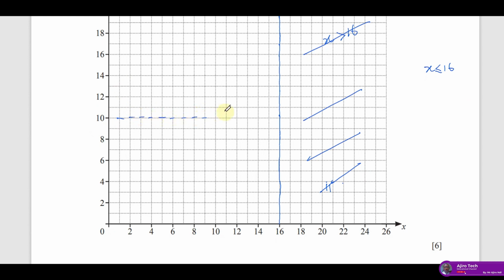I'm just cutting the grid, which makes my line more organized. So this line itself is y equal to 10. Above is y greater than 10. Below is y less than 10. We need y less than 10, so that means everything above we are removing. Okay? We have this small rectangle remaining.